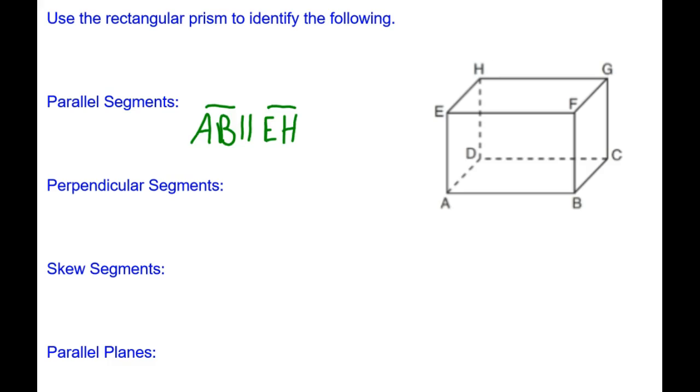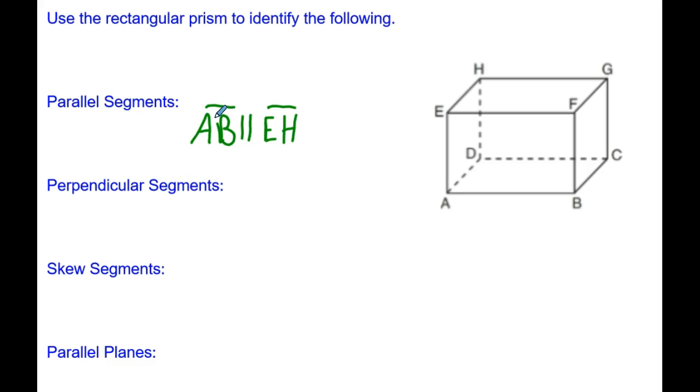We're briefly going to talk about notation when writing these statements. Remember, these two lines indicate that the two segments are parallel, and I am just going to have a line segment above to indicate this is a segment rather than a line.